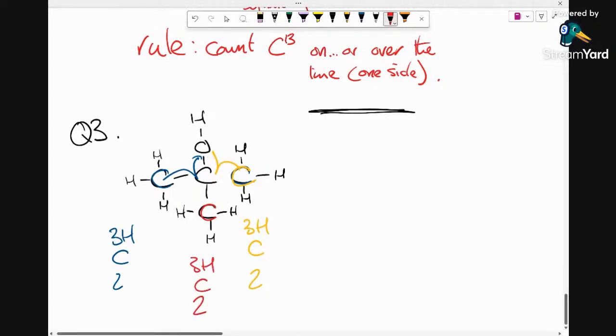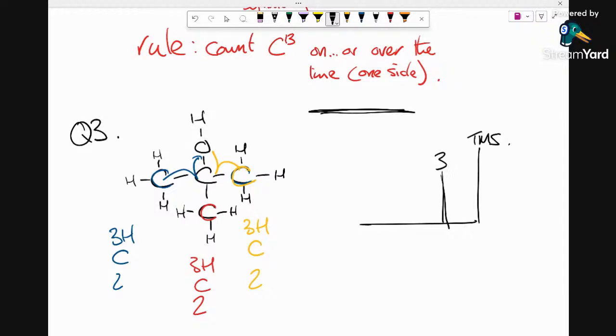They're all exactly the same. So that's going to have an integration of 3, all equivalent. The one in the middle, though, is 3 carbons and oxygen and 1 step. So through 2 different environments, my graph for this, with TMS, you notice I always label TMS, I'm going to have 1 close to 0 with an integration of 3, and I'm going to have 1 slightly further down with an integration of 1. Nice to see how this is done.